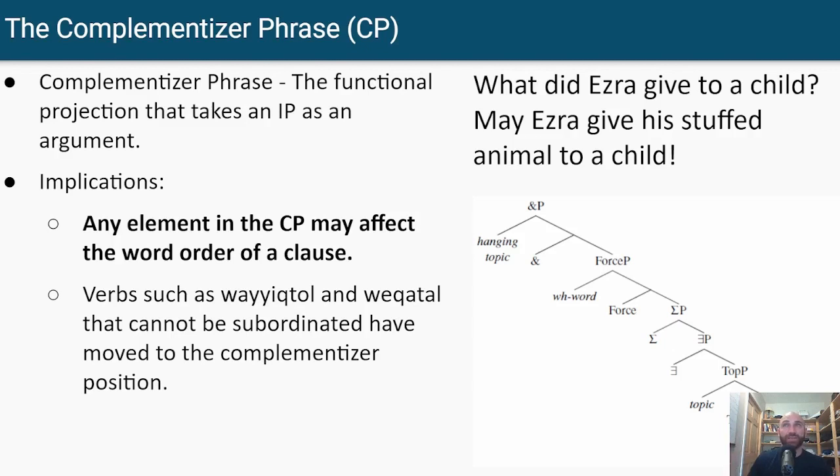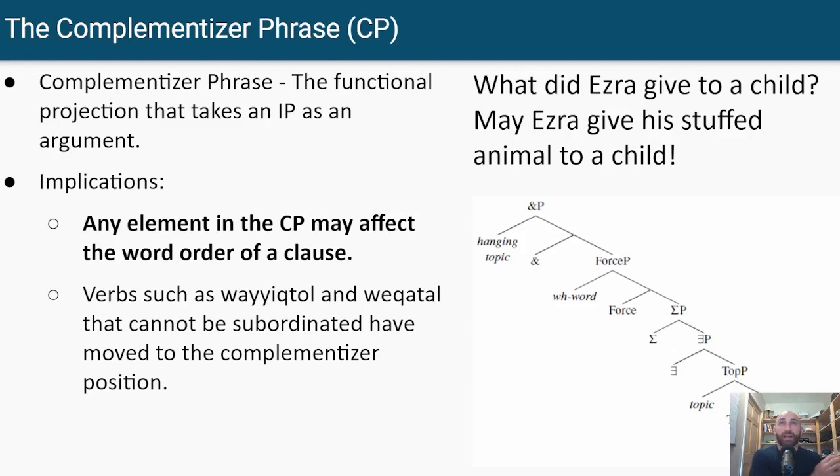What did Ezra give to a child? There we have the object first, what, and then did, we have the verb second. The word order in English is flipped in questions. Same thing happens with the sort of optative in English. May Ezra give his stuffed animal to a child? We put may up front. That is the verb or the auxiliary.